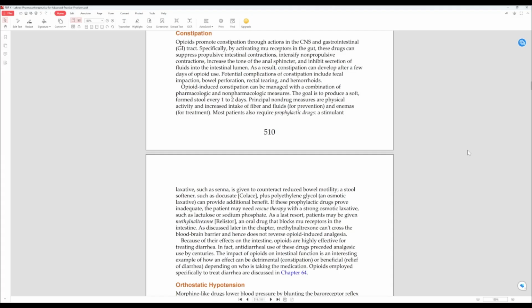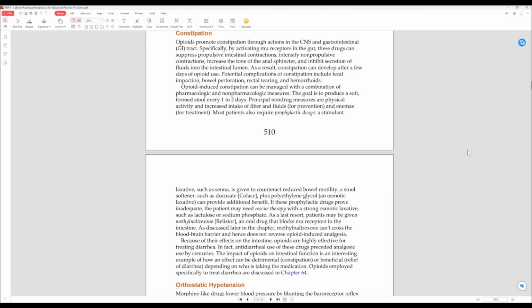Opioid-induced constipation can be managed with a combination of pharmacologic and non-pharmacologic measures. The goal is to produce a soft formed stool every 1 to 2 days. Principal non-drug measures are physical activity and increased intake of fiber and fluid, as well as enemas.